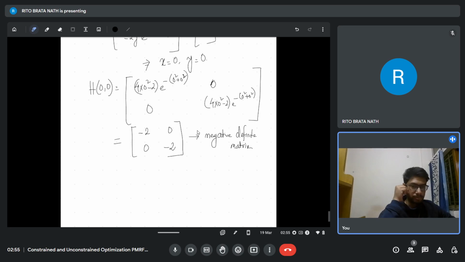Yes, the eigenvalues are negative. The sum of the eigenvalues is the trace of this matrix, which is minus 4, and the product is the determinant, which is 4. Since the eigenvalues are negative, you can find that out by yourself.